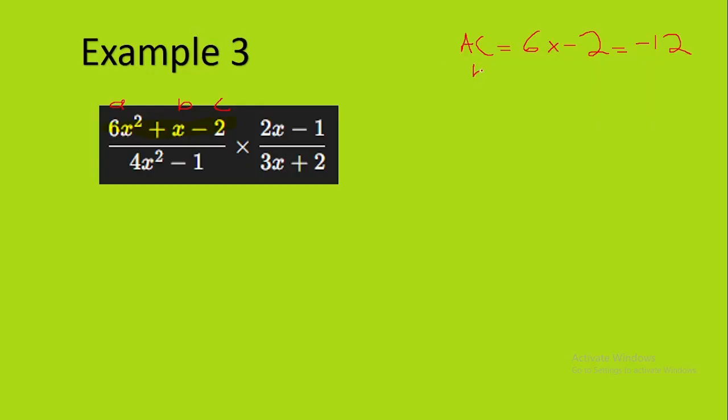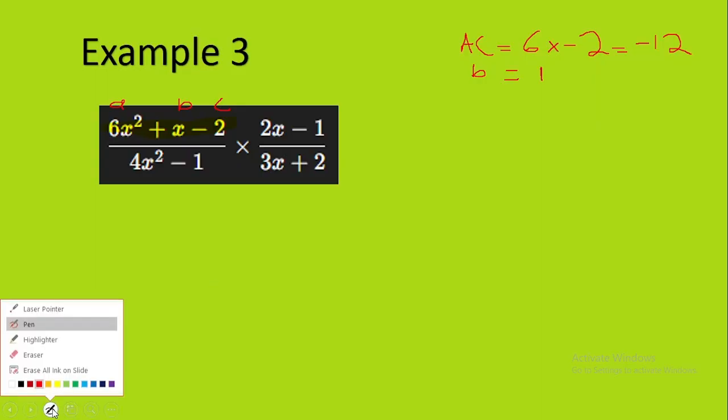And our B will be, you have x alone, so the number there is just 1. So what we have to do is find two numbers that can add together to give you B, and multiply together to give you our AC, which is negative 12.